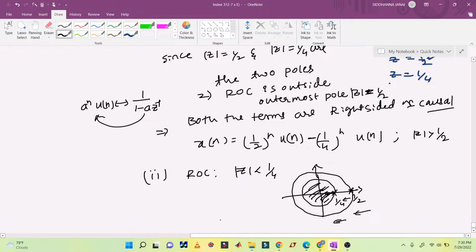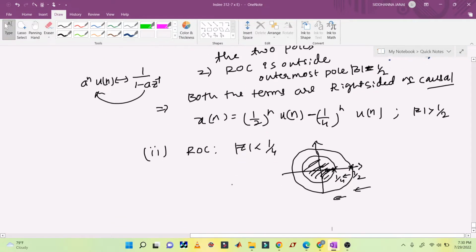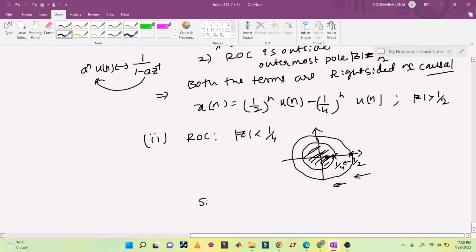That's why, since magnitude of z is less than 1 by 4, both the terms are left sided.